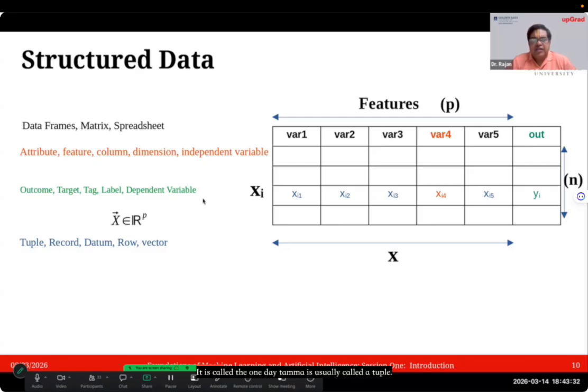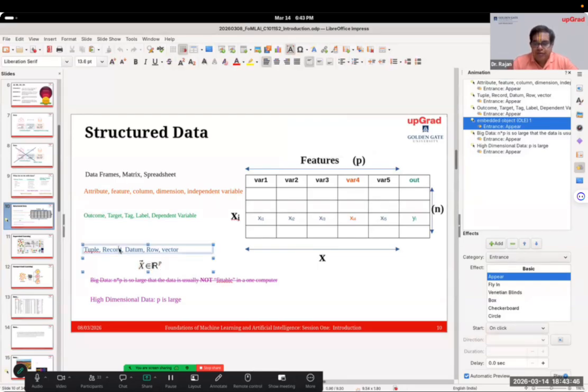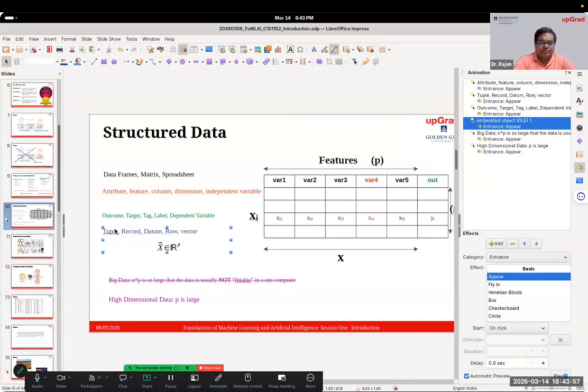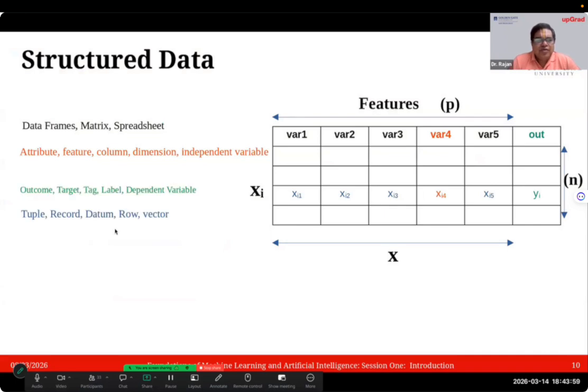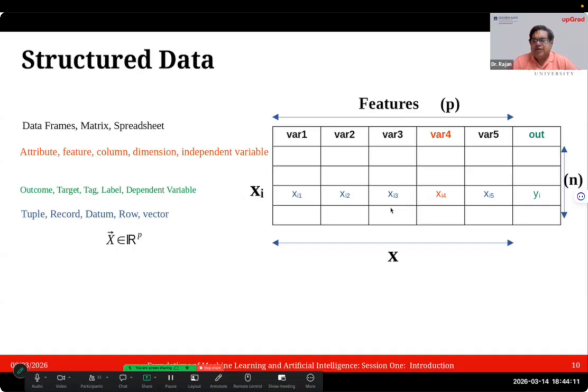One datum is usually called a tuple. This is also called the tuple, that is, all the values of the independent variables, or record, or datum, or row, or a vector, right?